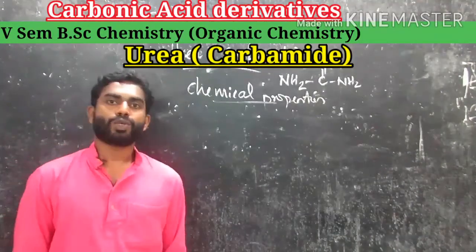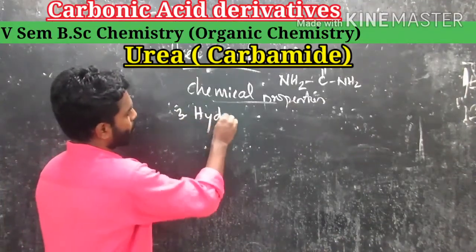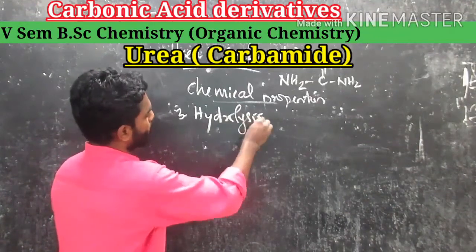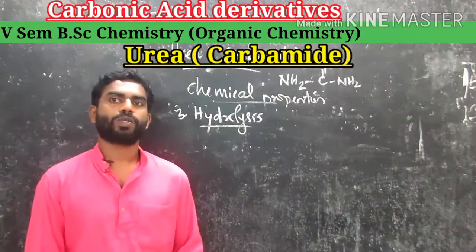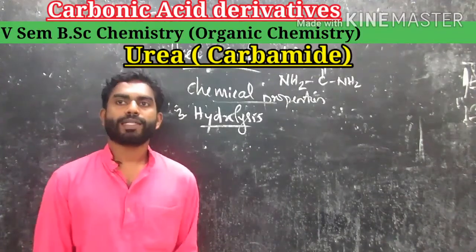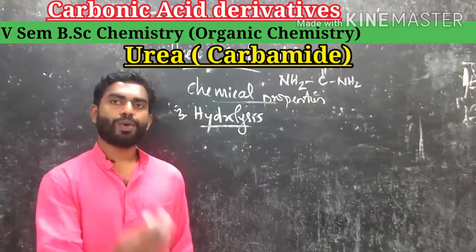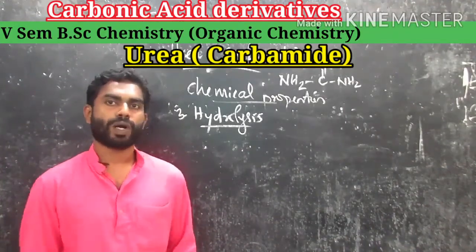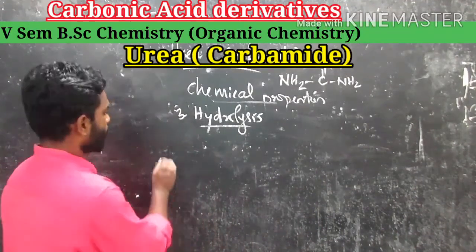Third, hydrolysis. Upon heating with dilute acid or dilute alkali, urea gets hydrolyzed to CO2 and NH3.